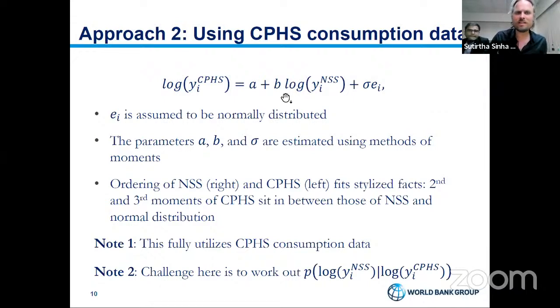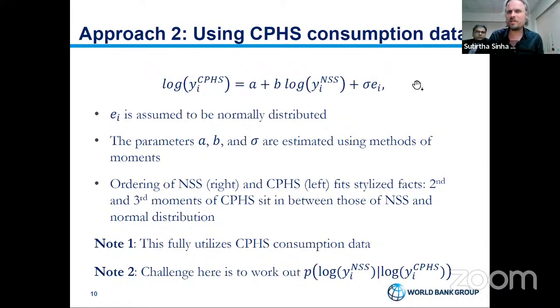It should be noted, however, that a third moment condition works precisely because the data deviates from normality. If both the log CPHS consumption and the NSS consumption were symmetrically distributed, that third moment condition wouldn't add any additional information beyond the first 2 moments, and we would be in a situation where we only have 2 moment conditions and still 3 parameters to identify, and so we would fail to obtain identification.